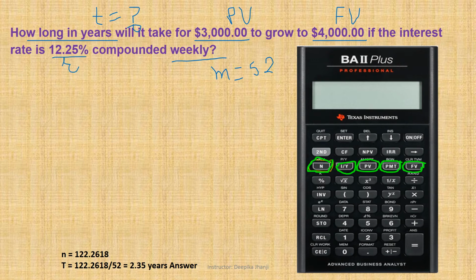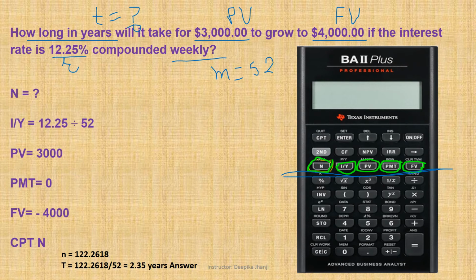Let's write down all the 5 variables on a piece of paper and then the information for these variables. So we need to figure out n because t is related to n. N is equal to m times t, right? To figure out t, we'll calculate n first and in the end we'll divide by m.